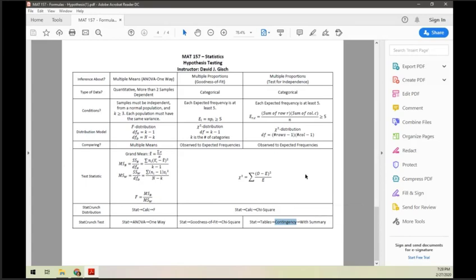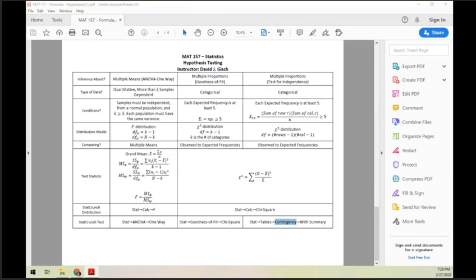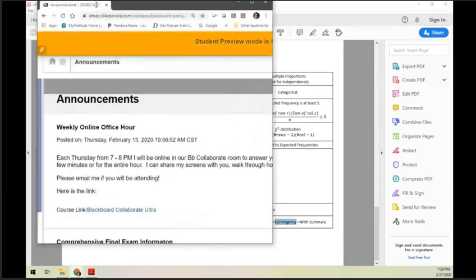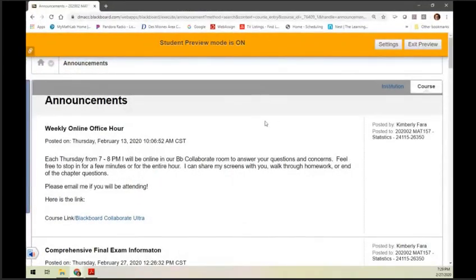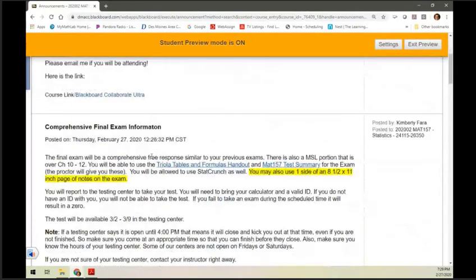So this is an additional thing that you will be getting when you take your exam. Okay, let's look at the announcements that I put up there today. So your final exam has a paper pencil part, and that is comprehensive over everything.